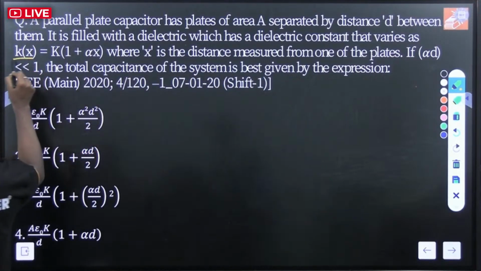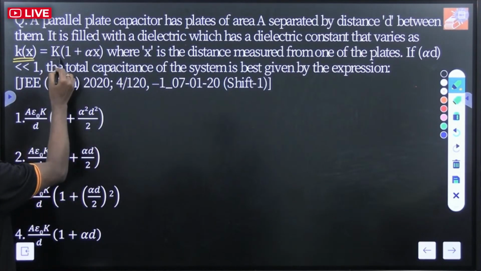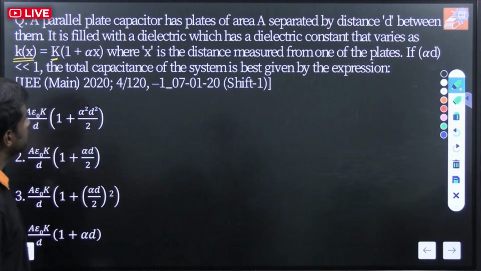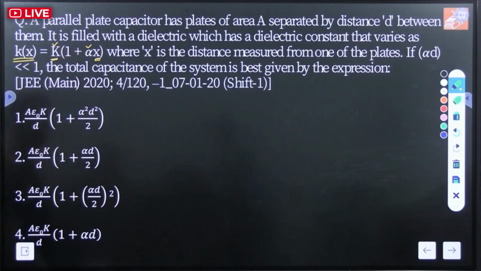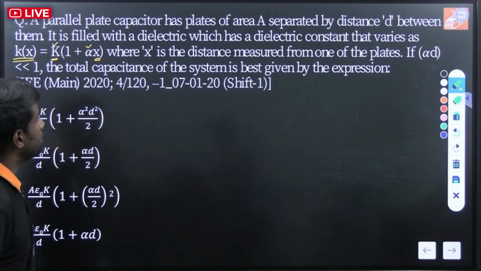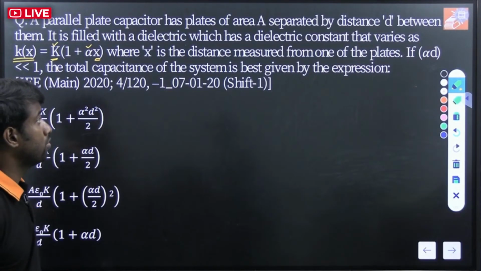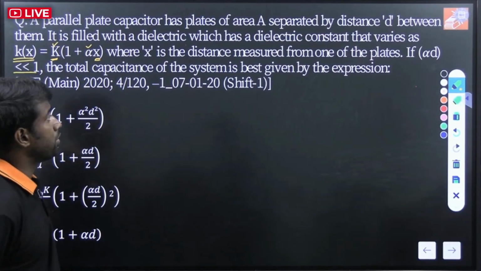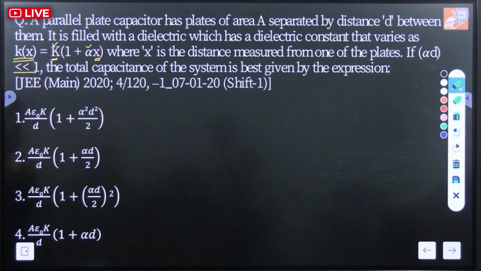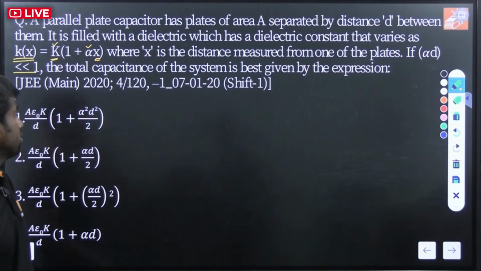Here this is the dielectric constant, and this K value is constant, they said in the question. x is the distance and alpha is a constant. The x is the distance measured from one of the plates. If alpha d is much less than 1, the total capacitance of the system is best given by which expression. That question came in 2020 in Mains, so we'll be finding that capacitance value.